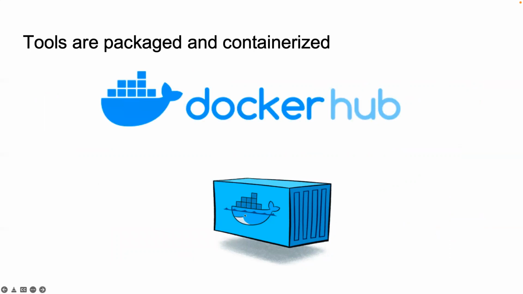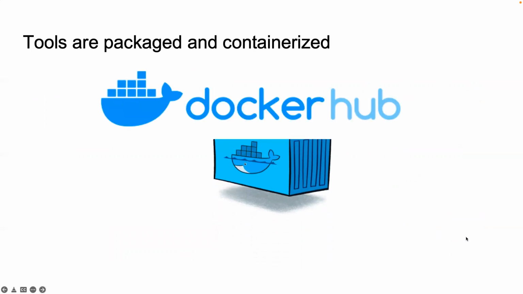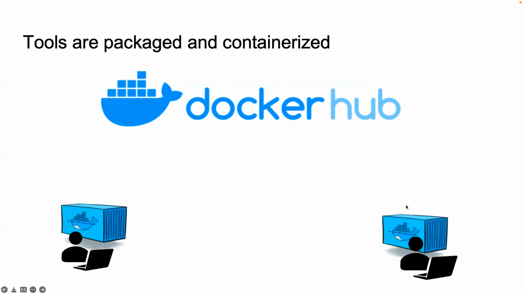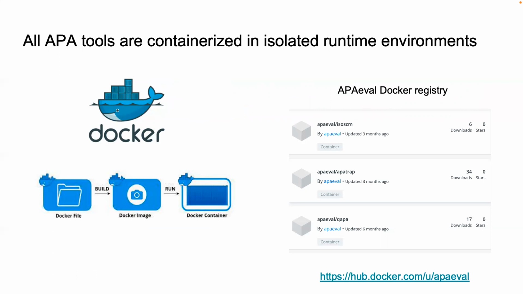The containerized tool is then uploaded to Docker Hub. And tools can then be pulled from Docker Hub to be run by users on their local machines as is, without having to worry about downloading dependencies and configuring environments. And right now, all the containerized tools for APAeval are up on the APAeval Docker registry.